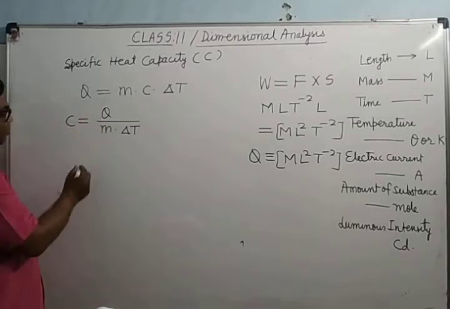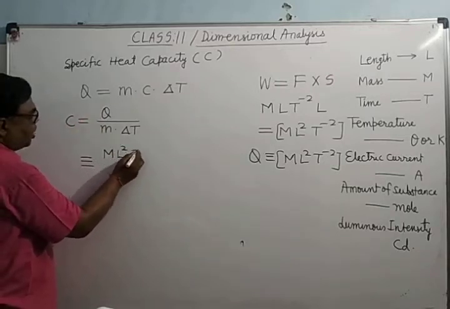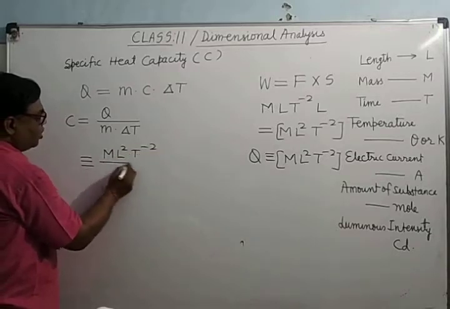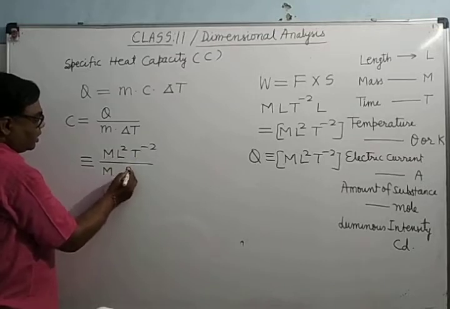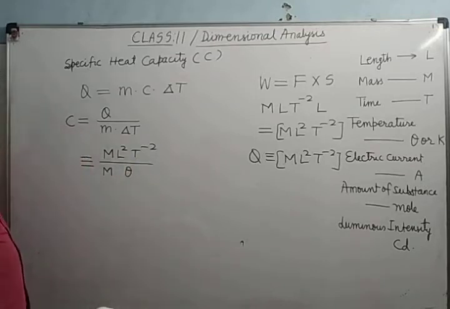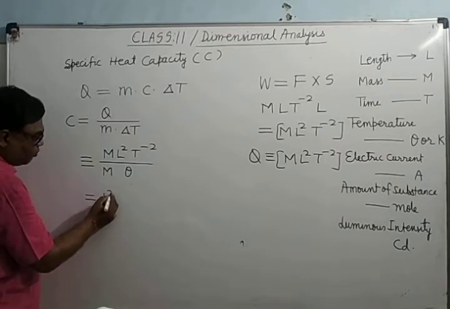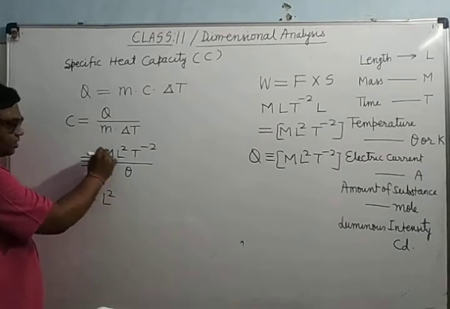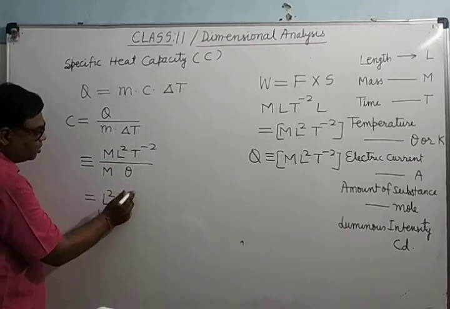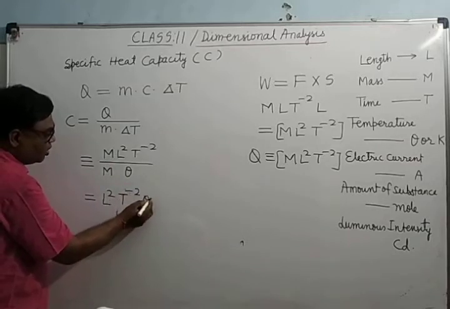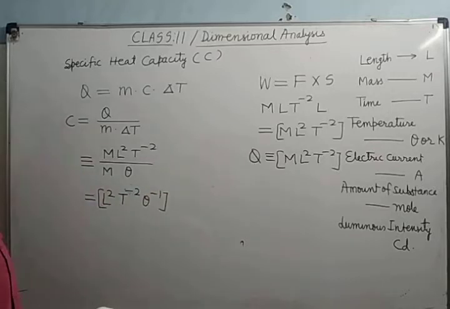So first you write the dimensional formula of Q, M L square T minus 2. Mass is M. Delta T, that is theta, you can write. So M will be cancelled. On simplifying, cancellation we will not show here. L 2 T minus 2 theta minus 1. This is the dimensional formula of SHC.